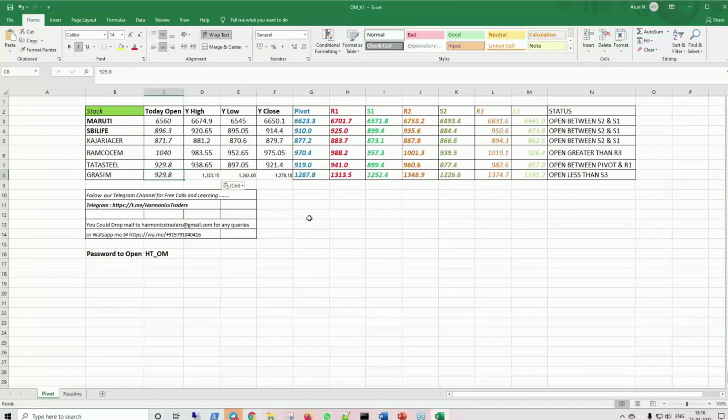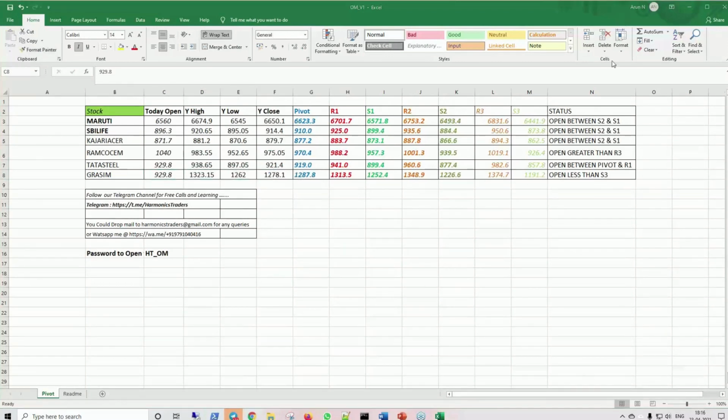This open we don't know right now. We'll be knowing it only on Monday morning. Let us assume it has closed at 1278, and let us assume it's opening around 1250.